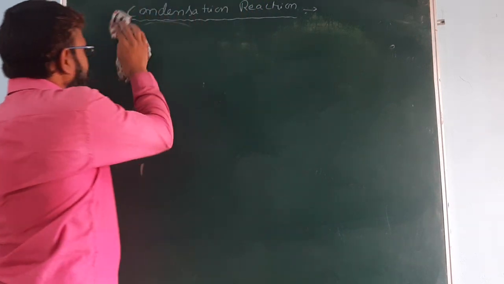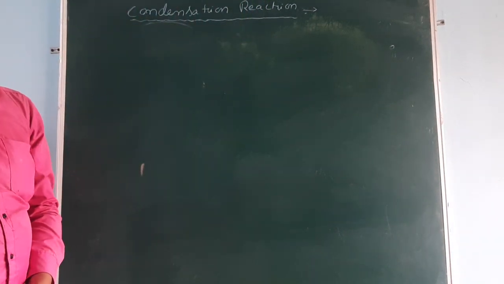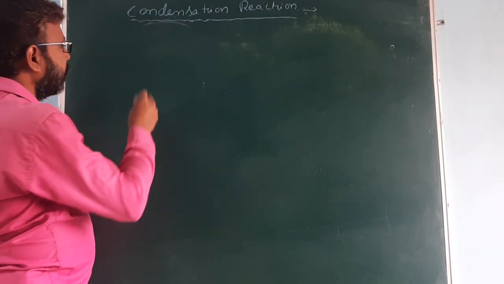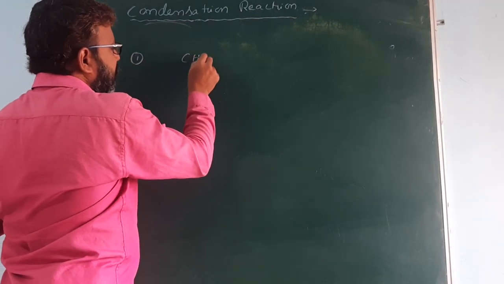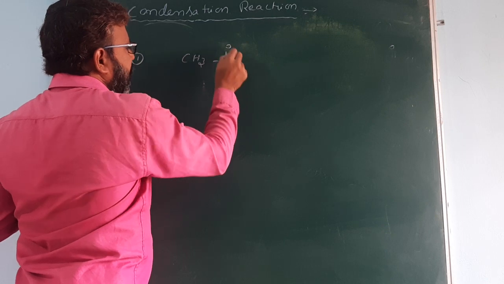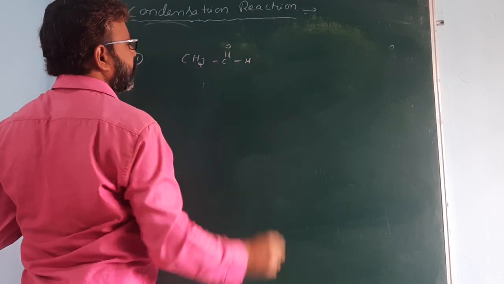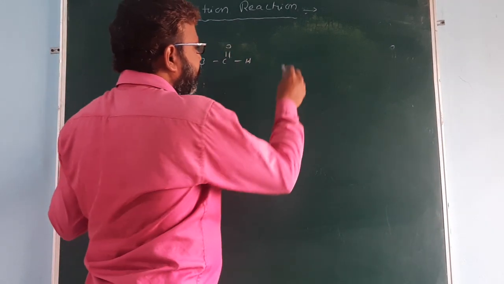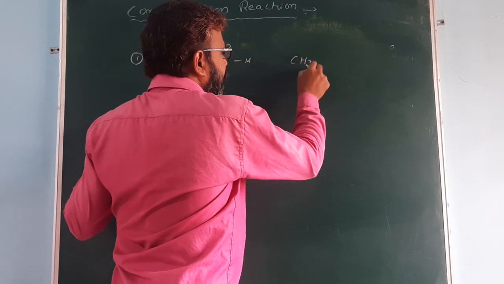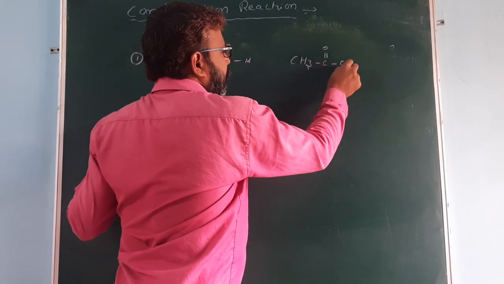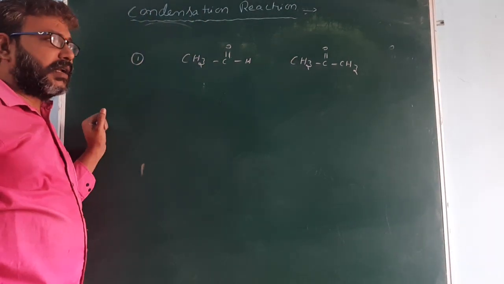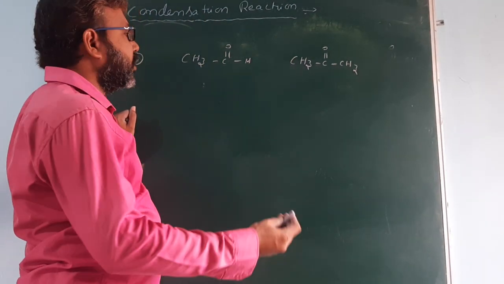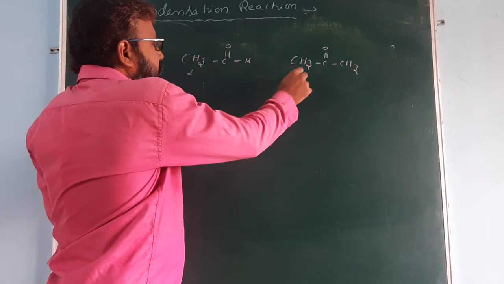For example, CH3-CHO is one aldehyde, and this is another carbonyl group. Both have alpha hydrogens.